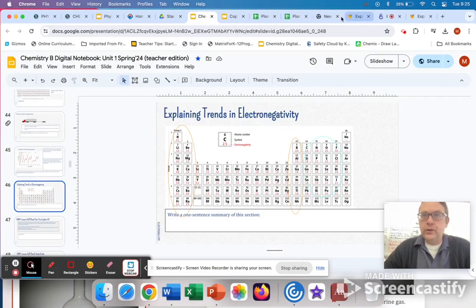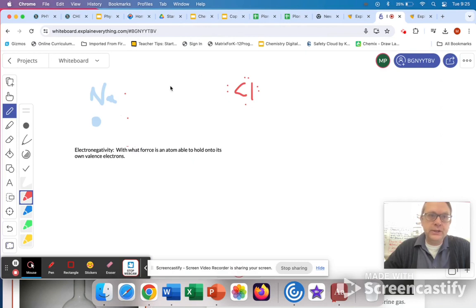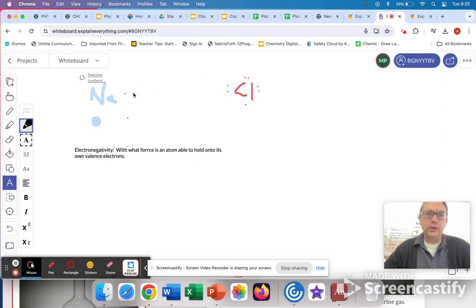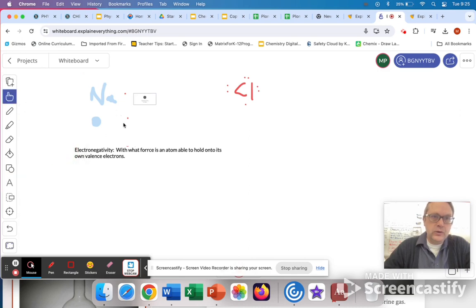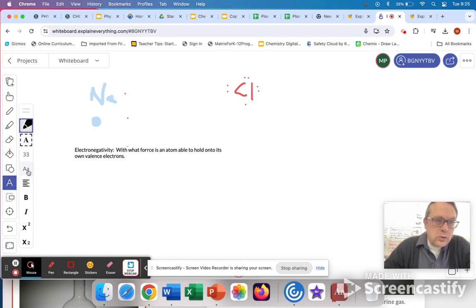So if sodium is 0.9 electronegativity, I'll just type it. Can I make my typing larger? Because that's incredibly tiny and not helpful to anyone.